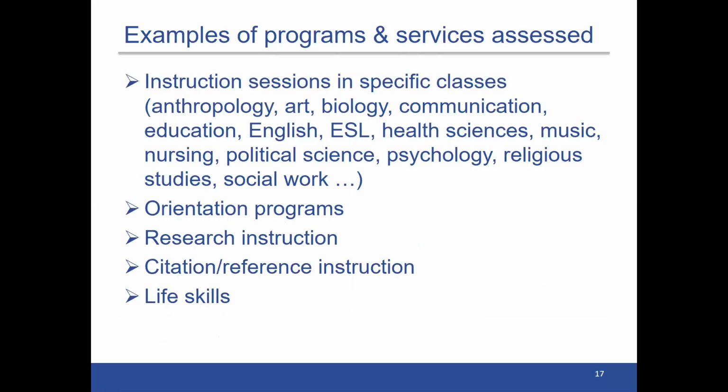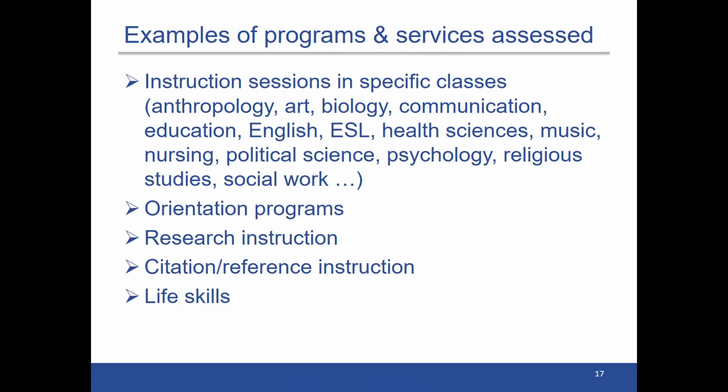And here's some examples of specific programs and services that these field testers used as well. For example, the standard instruction sessions for specific classes. As you can see, the range of classes was a tremendous range from anthropology to health sciences, nursing, psychology, social work. Orientation programs, these would be like freshman orientation programs. We call ours University 100.